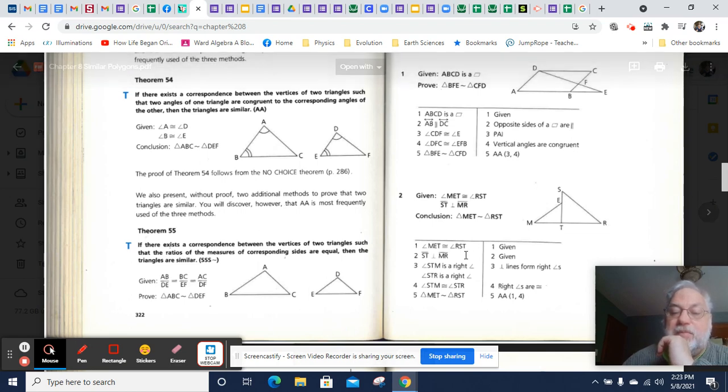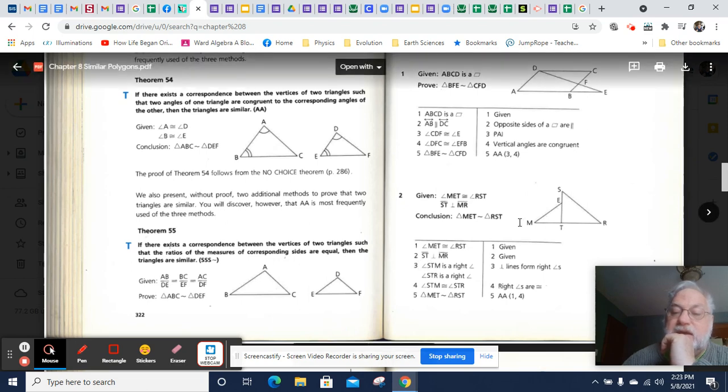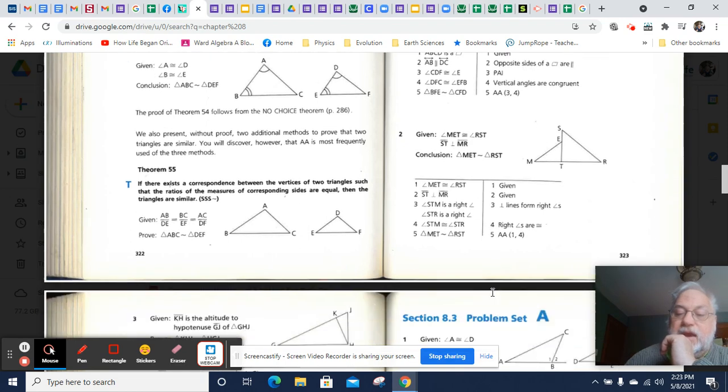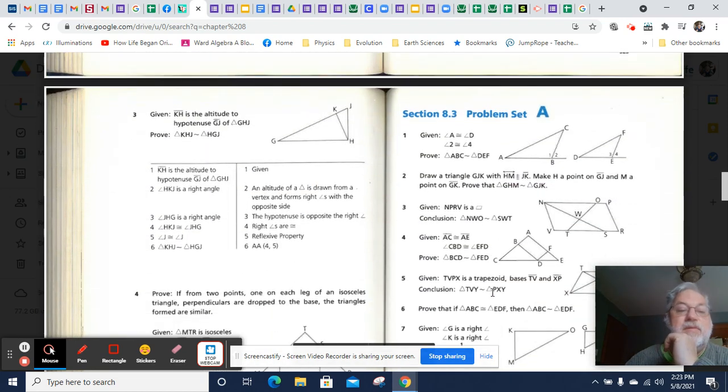So we've got a couple of givens, but STM and STR have to be right angles because ST is perpendicular to MR. And so that means that we've got angle, angle, because this angle and this angle are congruent, and MET and RST are congruent. So once again, we've got a proof with angle, angle similarity.